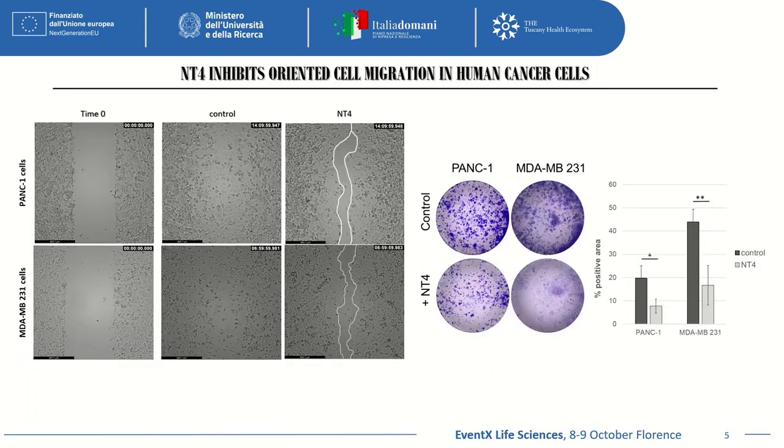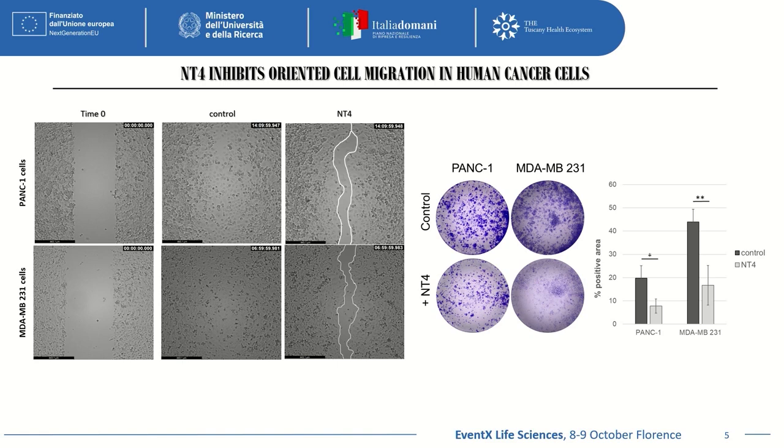But knowing that the target was the heparan sulfate proteoglycan, we also wanted to use those peptides as a tool for analyzing the function of these molecules in cancer, which is not completely known.